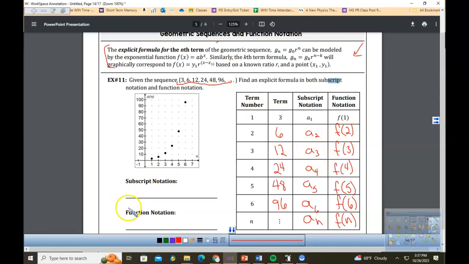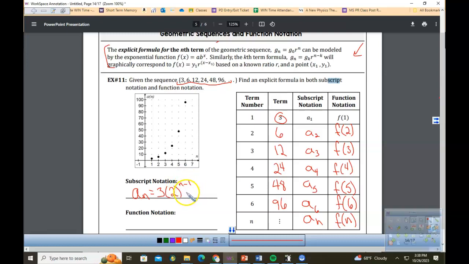So now to write this in subscript notation, I'm going to do my A sub n equals my A sub 1, which my first term was 3, times my R, which for this one, my ratio is 2, to the n minus 1, right?